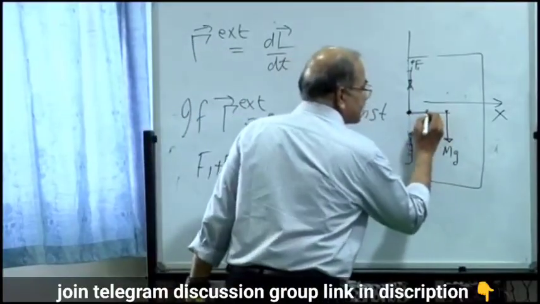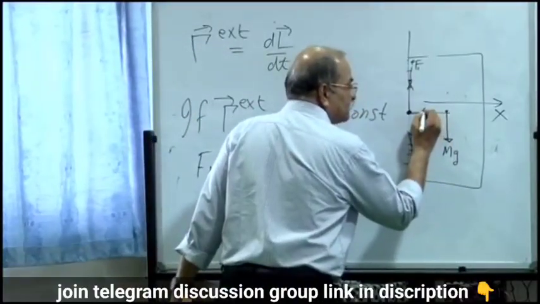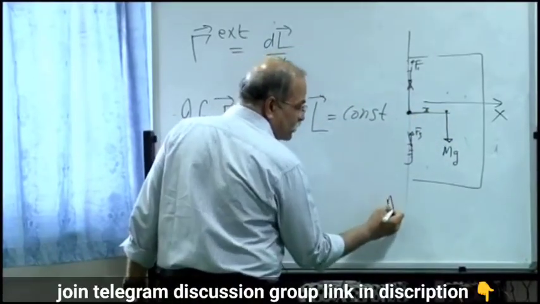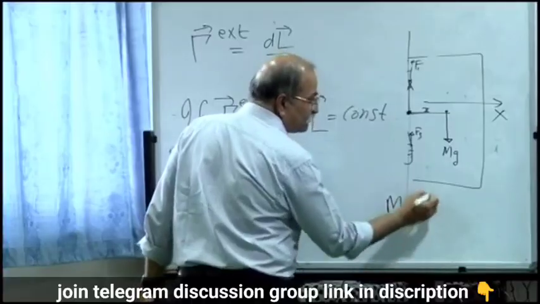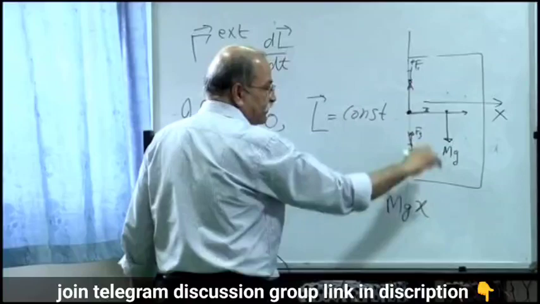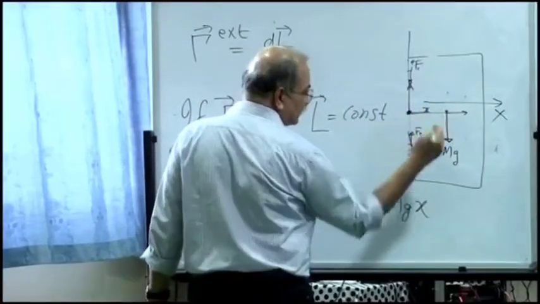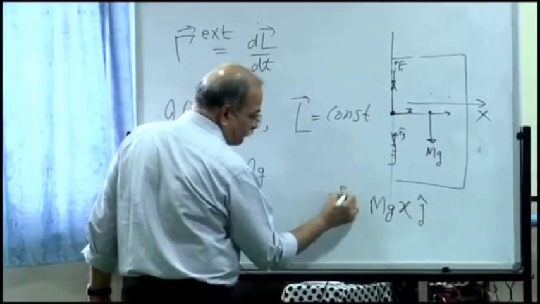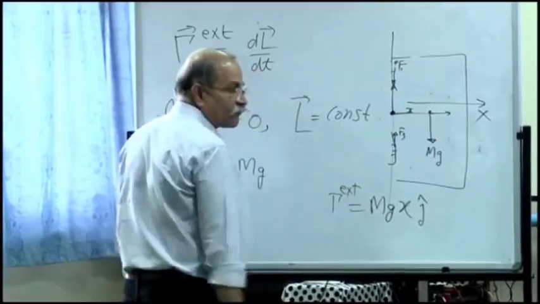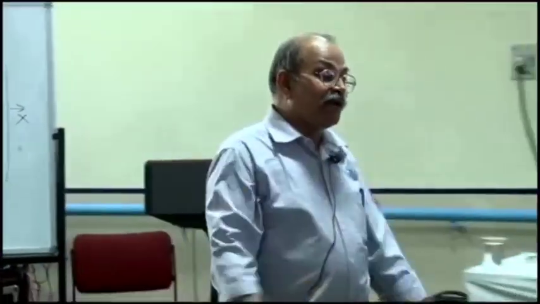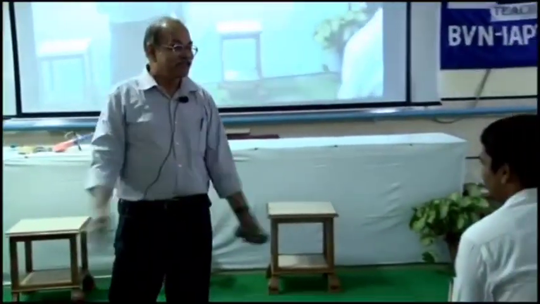This distance is, let us say, some x, so mg into x. What direction? Torque direction: this is R vector and this is F vector, so R cross F going into it, y direction. Total external torque is not 0, but the angular acceleration is 0.